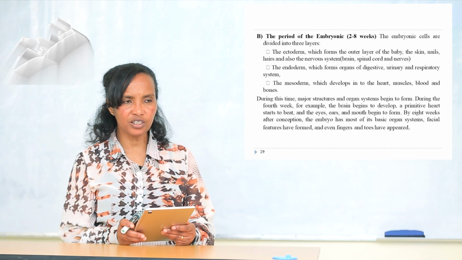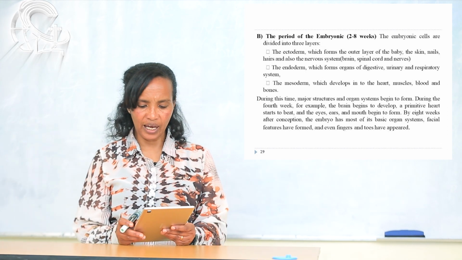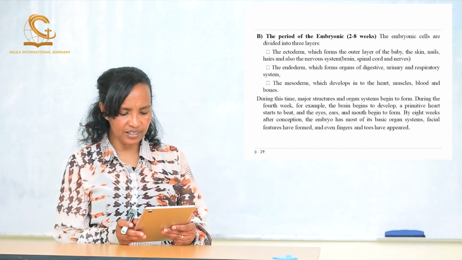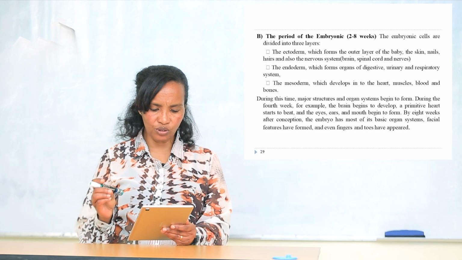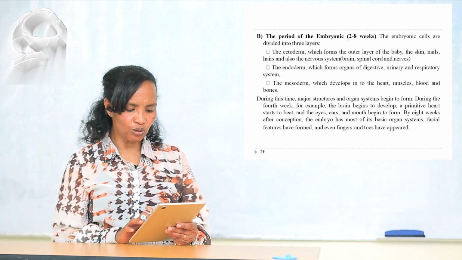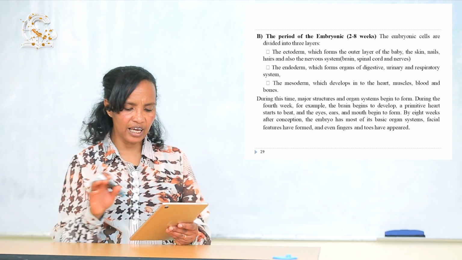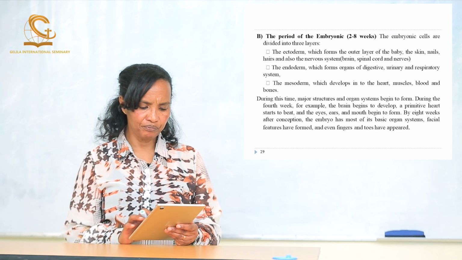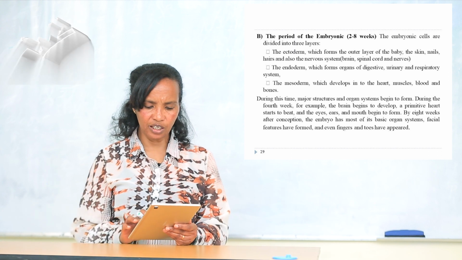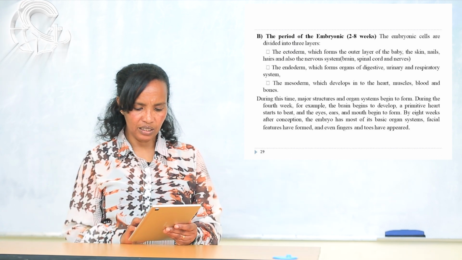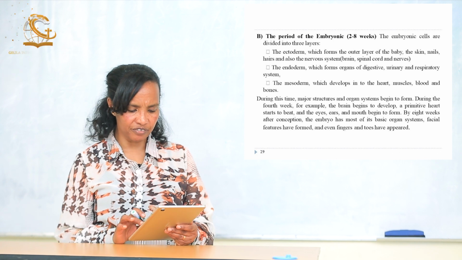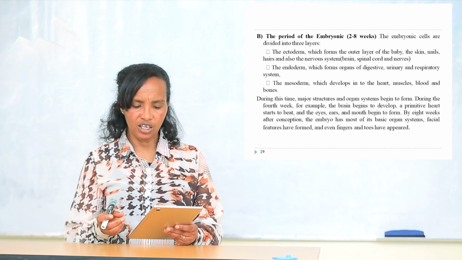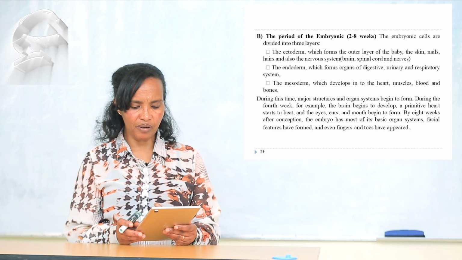The second period is the embryonic period, from 2 to 8 weeks. The embryonic cells are divided into 3 layers: ectoderm, endoderm, and mesoderm. The ectoderm forms the outer layer of the body, the skin, the nails, hairs, and also the nervous system, that is brain, spinal cord, and nerves. The endoderm forms organs of the digestive, urinary, and respiratory systems.